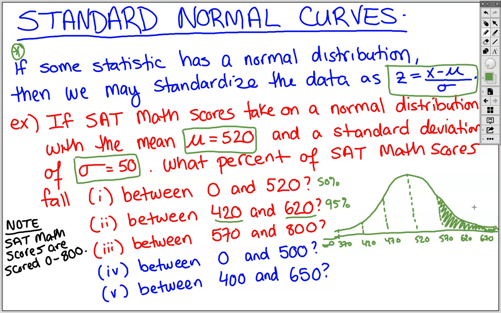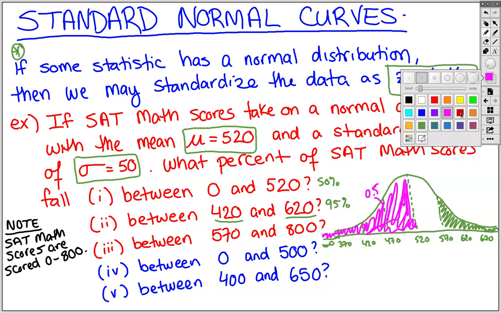We know the area under the whole curve is 1, so what's the area of that shaded region? Well, what are some things that we do know? We know that from the beginning of the curve to here, the 50% point is going to be 0.5 or 50%, right?